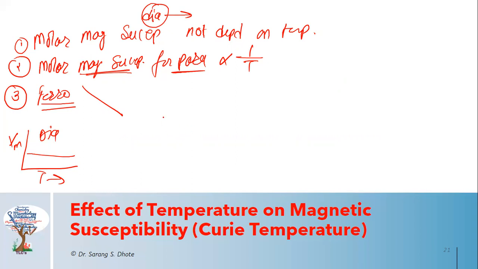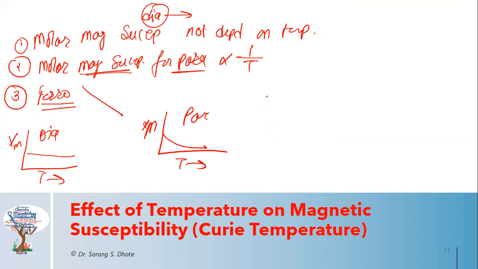But suppose in case of a paramagnetic substance, a smooth curve will be there.